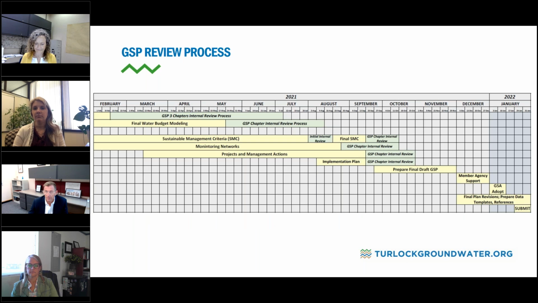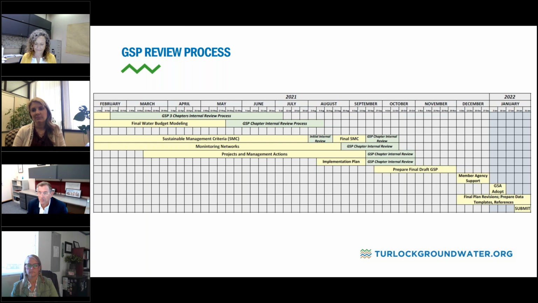This is just a timeline of the review process. We're not necessarily looking at each individual piece. It's just to show that there is a staggered approach for the Groundwater Sustainability Plan and its release of draft chapters. The chapters 1, 2, and 4 in that top line you see there have already been released. And just last week, Chapter 5, the water budget chapter, has been released for public comments.